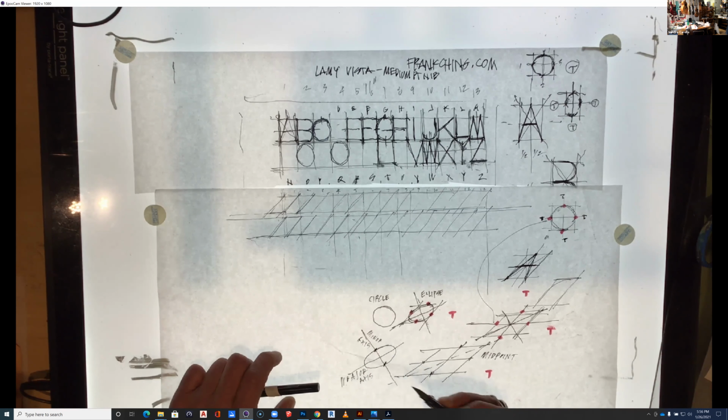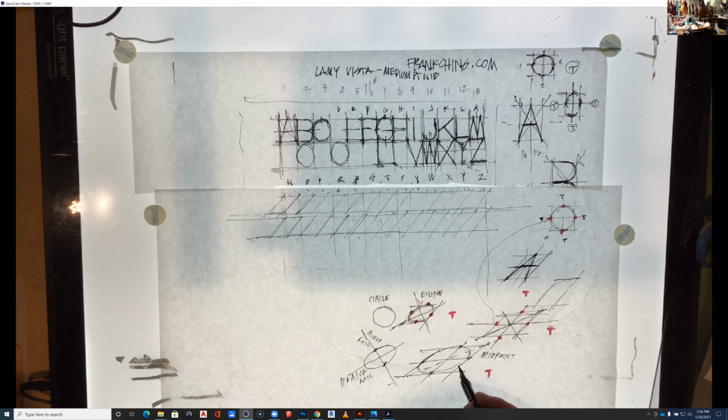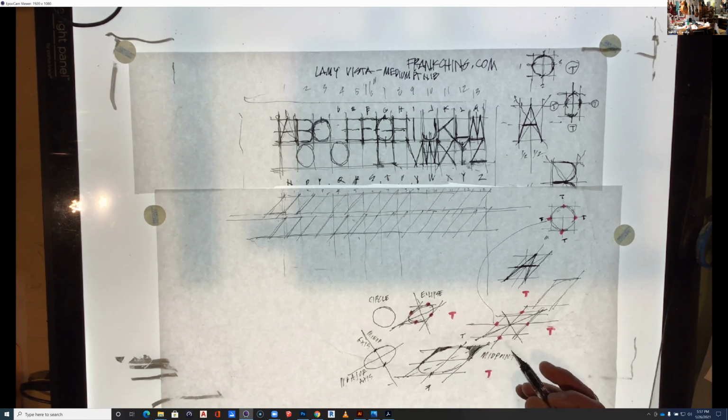That's from here to here, the short axis. The tangency still remains the same, but here's what happens in this space. And these are what are called spandrels.